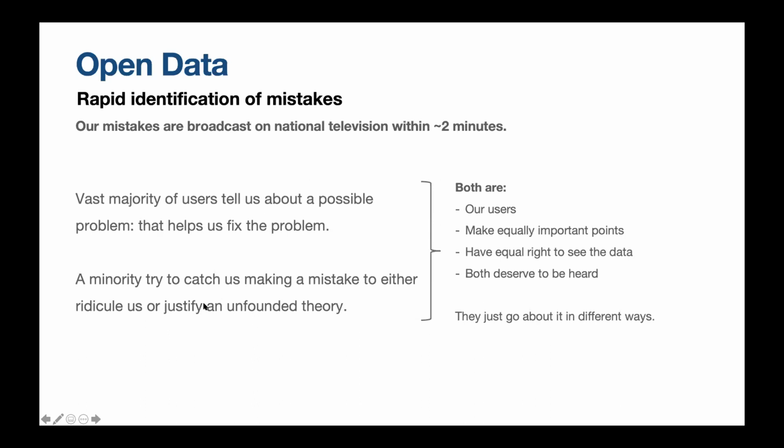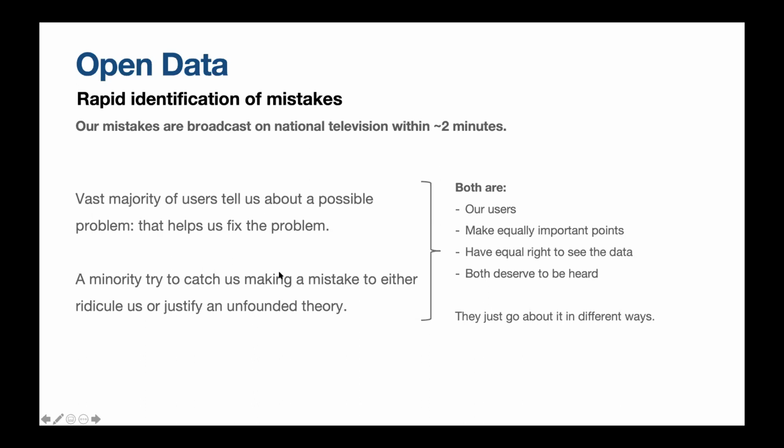So there are really two types of users. The vast majority, and by vast majority, I mean 99.999% of the users, tell us about a possible problem, and they do that just to help us fix the problem. And a very small minority try to catch us making a mistake, either to ridicule us or to justify an unfounded theory that they might have, saying that no, this whole thing is a conspiracy, for example.